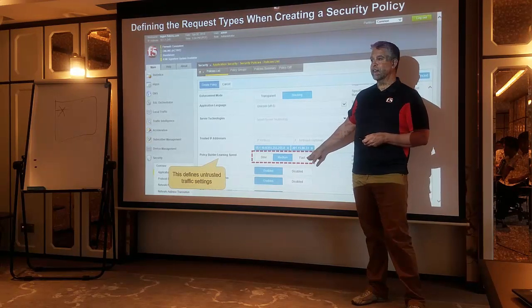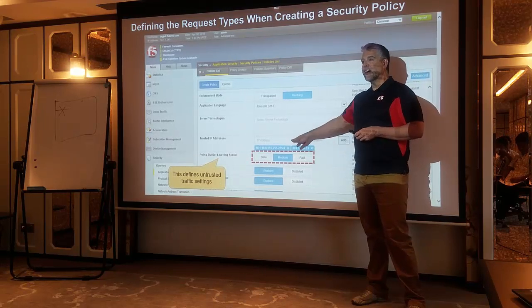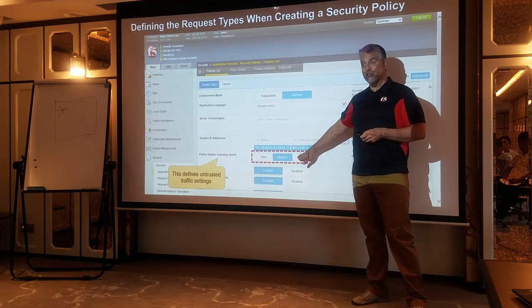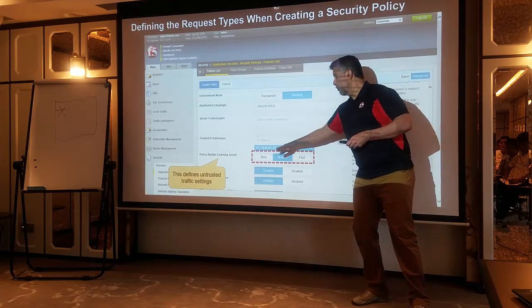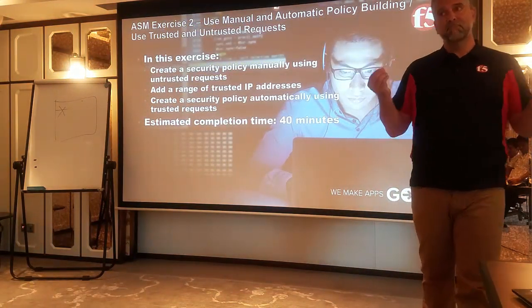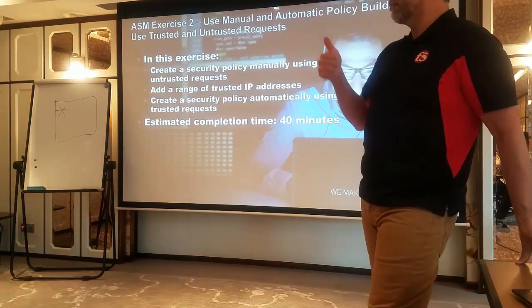That's not going to affect the exercise at all. These two don't work together. Fast is not going to make this any faster. So this is only for requests that are coming from untrusted sources. This is only going to affect requests coming from these trusted sources. That's an important thing to understand. And if you understand that, you understand it better than some of my SEs, which is really good.